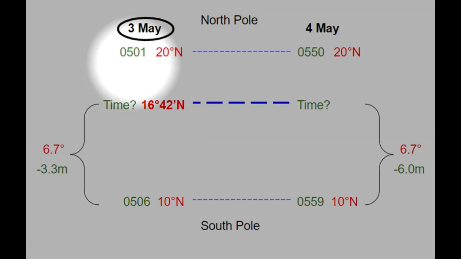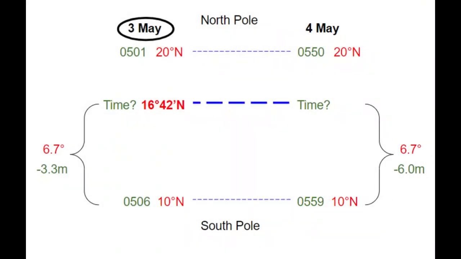We took 0.67, multiplied by minus 5 minutes, and we got minus 3.3 minutes for 3 May. We did the same thing on 4 May: same 6.7 degrees, divided by 10 degrees difference in latitudes, got 0.67, multiplied that by the difference in time. For 4 May, it was minus 9 minutes, and we got minus 6 minutes.